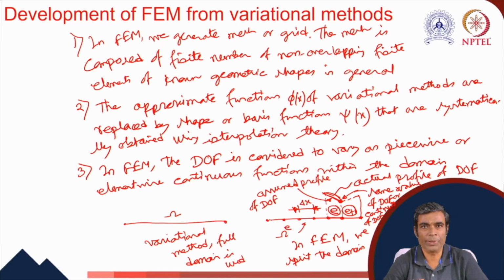So in the continuum sense, when we are dealing with the exact equation or the continuum equation, the governing equation is valid at any location, at any two points that are separated by an infinitesimally small distance. But when we go for finite element, finite difference or finite volume kinds of methods, then we introduce finite distances between these points, so the distance between neighboring points cannot be infinitesimally small.